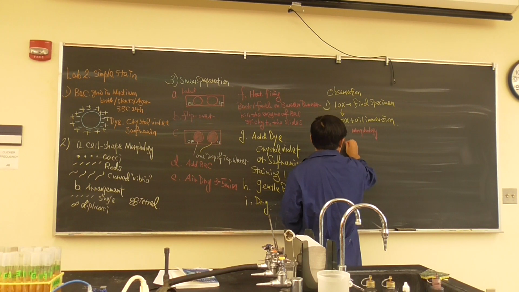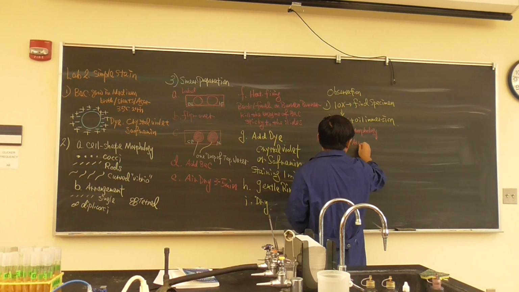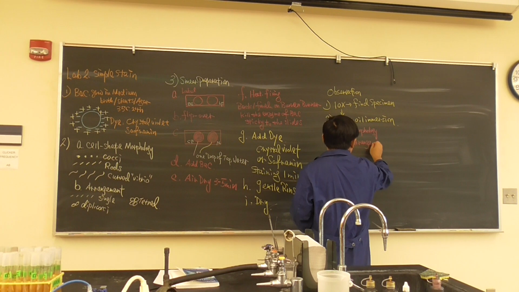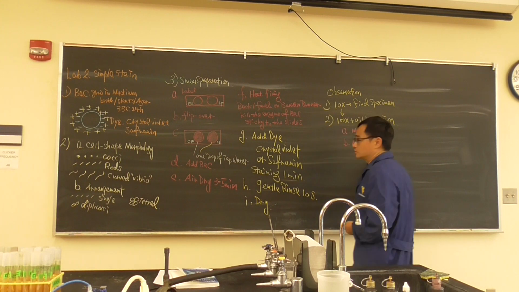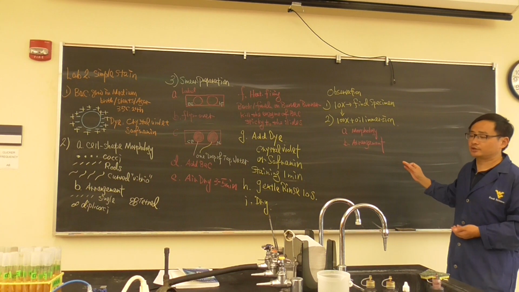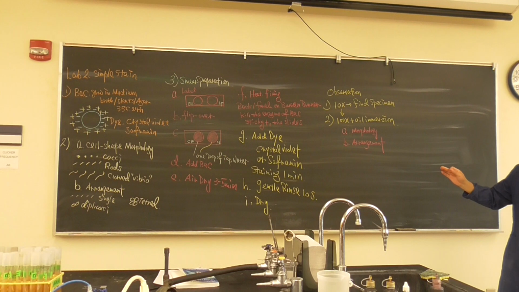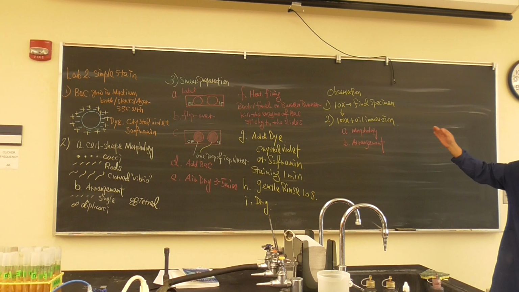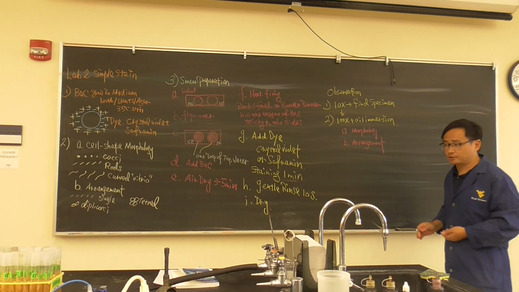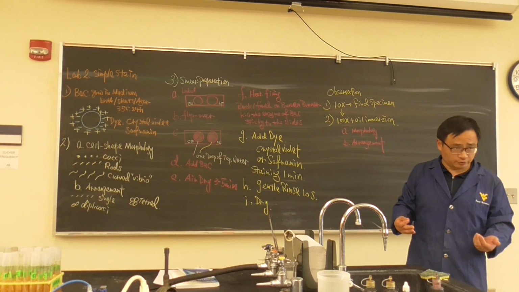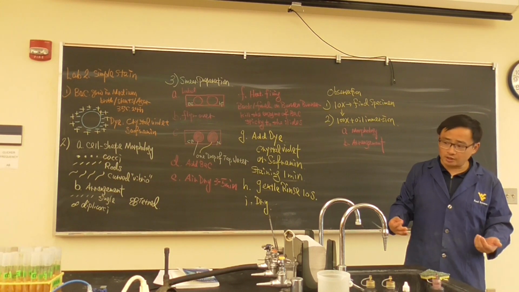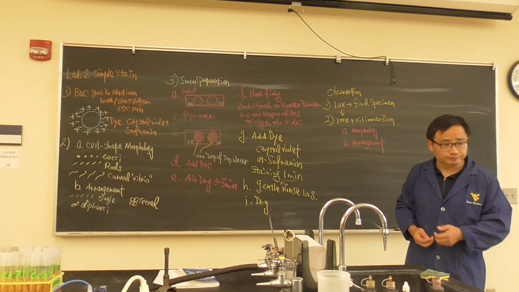Number two will be arrangement. And these steps review what we did on Tuesday about using the microscope. When you see the bacteria, you could use your cell phone to take a picture, print it out and put it into your notebook.